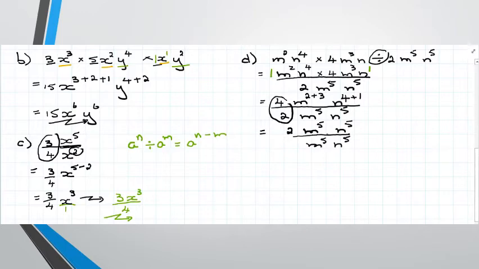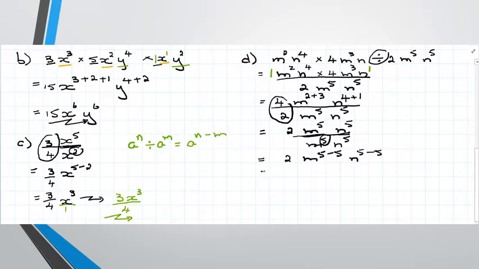Now if we play it by the rules, we're going to have 2, if the bases are the same. That's the m. We're going to have 5. Division means minus. What must I subtract? I must subtract the 5. Now the n. 5. Division means minus. What must I subtract? 5.